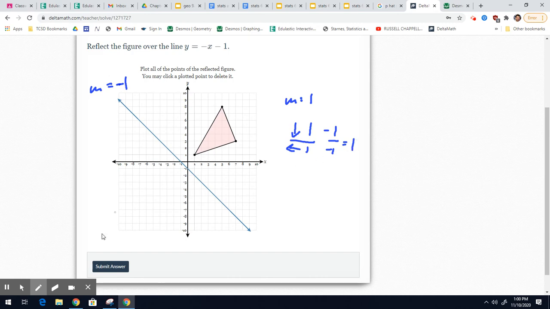So if I think about it, I'll do it in red. Down one, left one, down one, left one, down one, left one. This line here is going to have the image of this pre-image on it. So how do I do that? Well, we're going to count slopes. If you count the slope from here to the blue line, down one, left one, that's one slope.